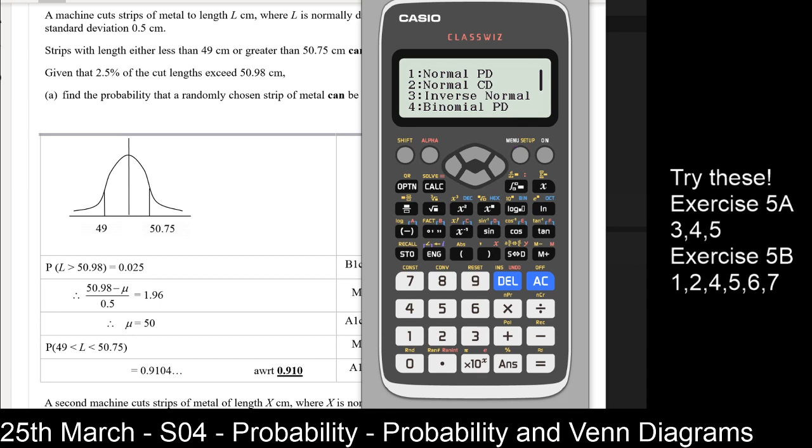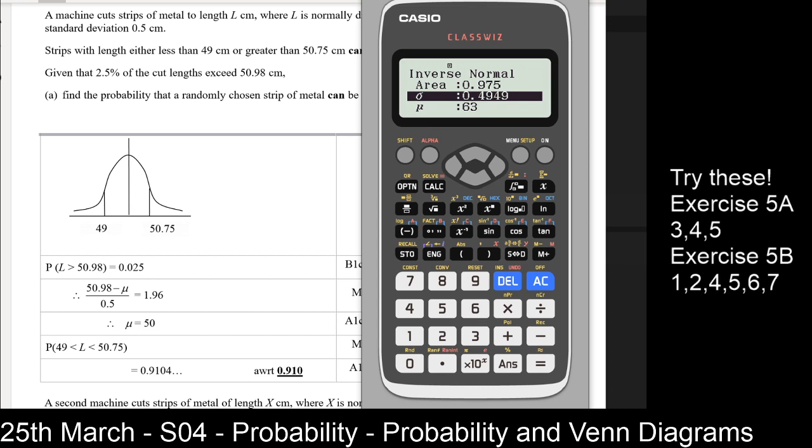So to get the 1.96 that they get in the mark scheme, I'll show you how we do that. We can't put in 0.025 because that's the area above 50.75. So what I'd actually have to put in is 1 minus 0.025, because I want the area to the left.